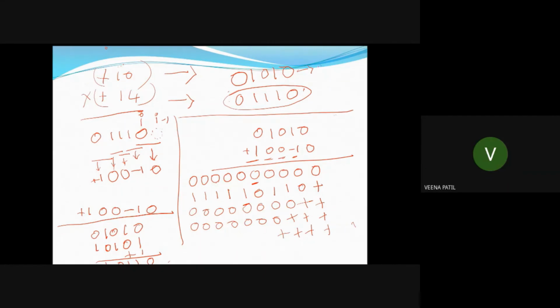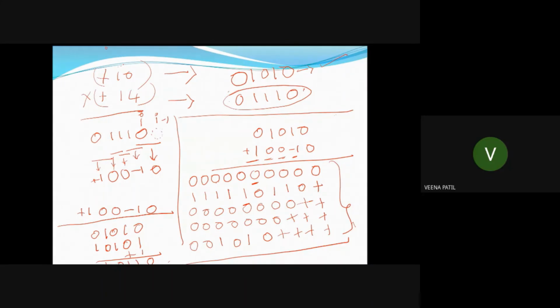So what is the multiplicand here? The multiplicand is 10, which stands for 0, 1, 0, 1, 0. So I'm just going to write it. Then perform addition of the partial product.